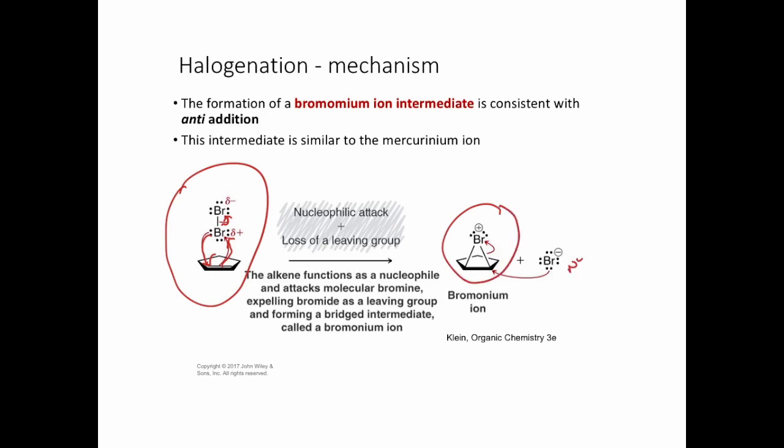Then the nucleophile, the bromide that you kicked off in the first step, is going to come in and attack one of the two carbons of the bromonium ion, and then this carbon-bromine bond will break. So the alkene is functioning as the nucleophile, attacking molecular bromine, expelling bromide as the leaving group, and forming this three-membered intermediate called a bromonium ion.